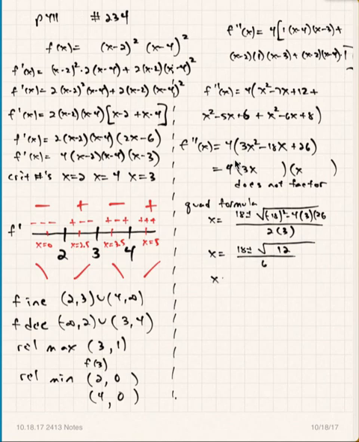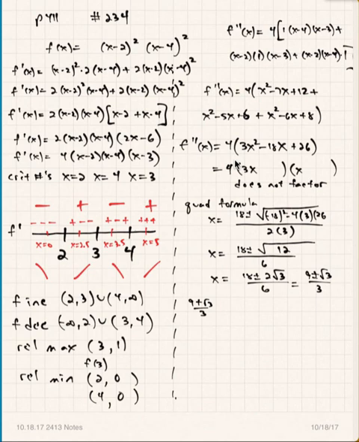And so you get x is equal to 18 plus or minus 2 times the square root of 3 over 6. Canceling out a 2, you'd get 9 plus or minus the square root of 3 over 3. So 9 plus the square root of 3 divided by 3 gives me about 3.57.